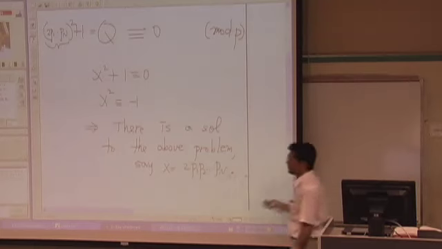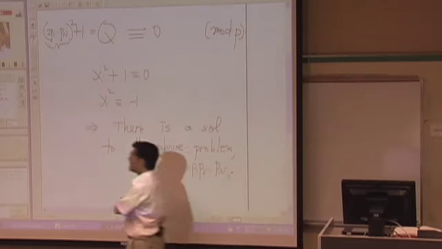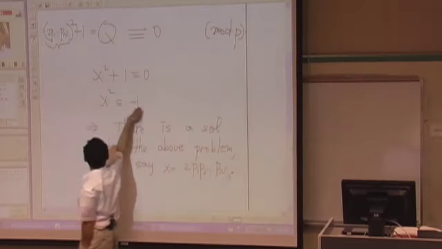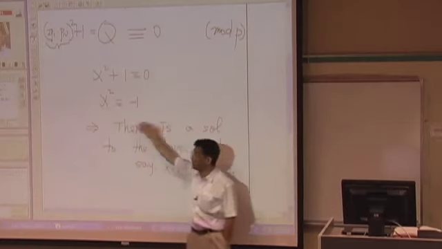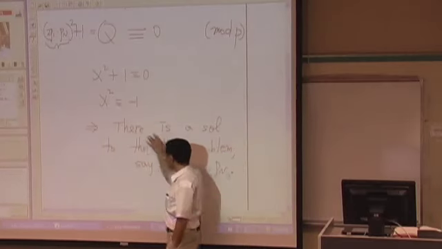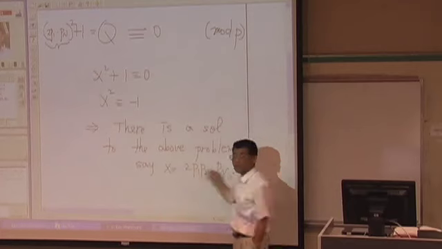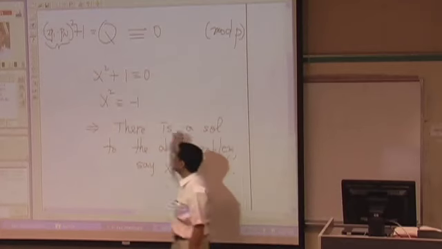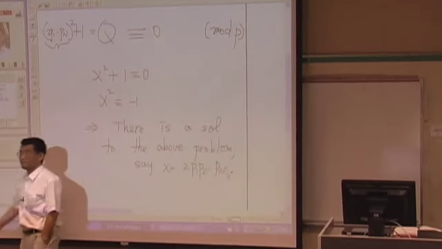Do you understand what I mean or not? If you don't, ask me. In other words, the quadratic equation has a solution. Say this number is a solution to this problem mod P.